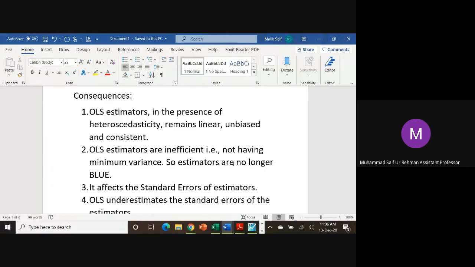So if there is some relationship between the error term and the independent variables, then this problem arises. And if there is no relationship, then this problem is not there, and we say that there is homoscedasticity in the model. Okay, so let us see how we detect this problem.